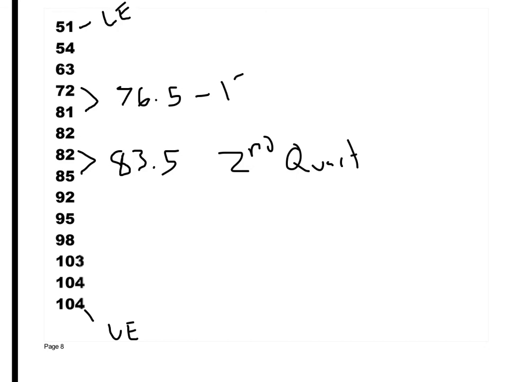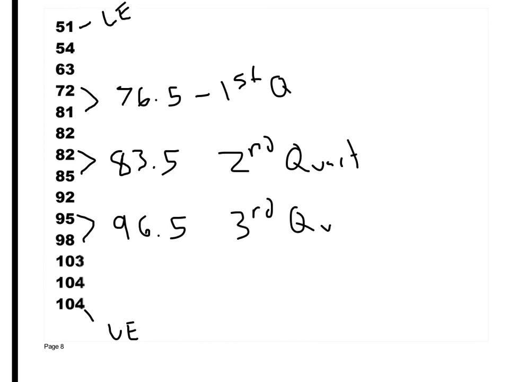So that's my first quartile. And what would be my third quartile, the middle number of the top half? 1, 2, 3, 4, 5, 6, 7, 8. What's the average of 95 and 98? 96.5. There we go. That's your third quartile.